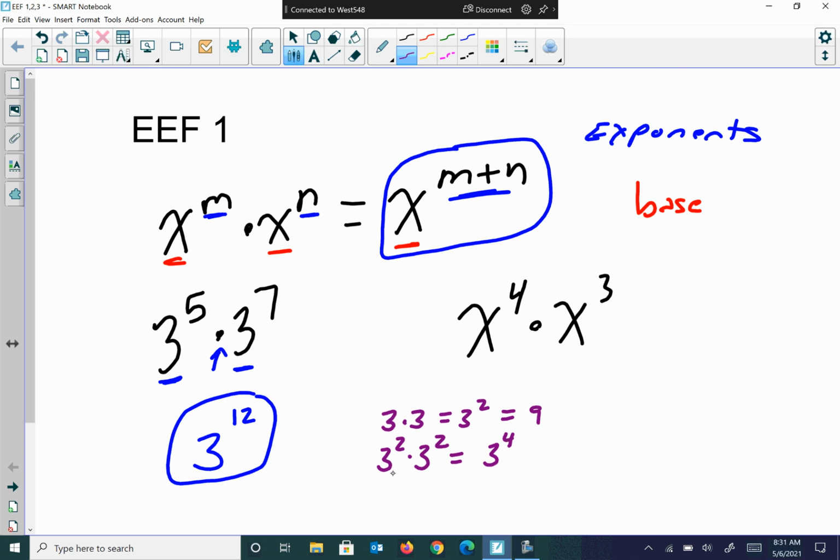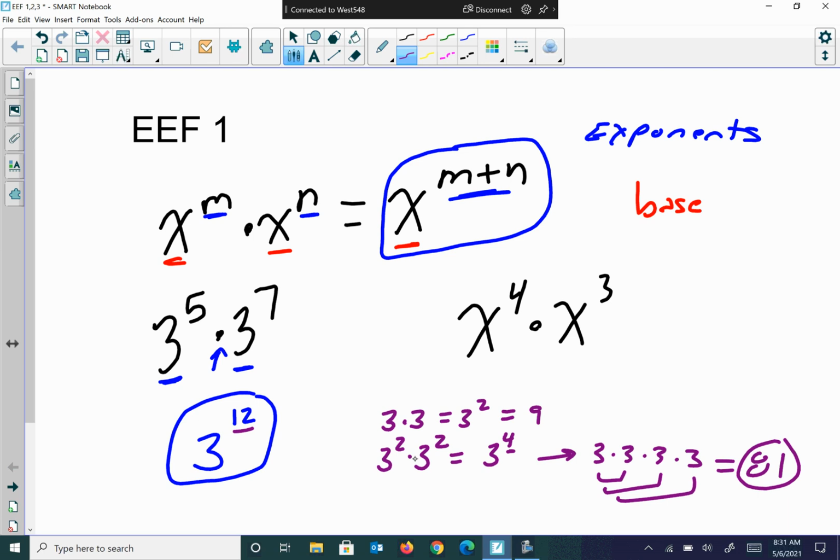All right, so you agree that 3 to the second times 3 to the second, with what we just did, is 3 to the fourth, which is the same thing as 3 times 3 times 3 times 3, which is 81. So why don't I multiply that?